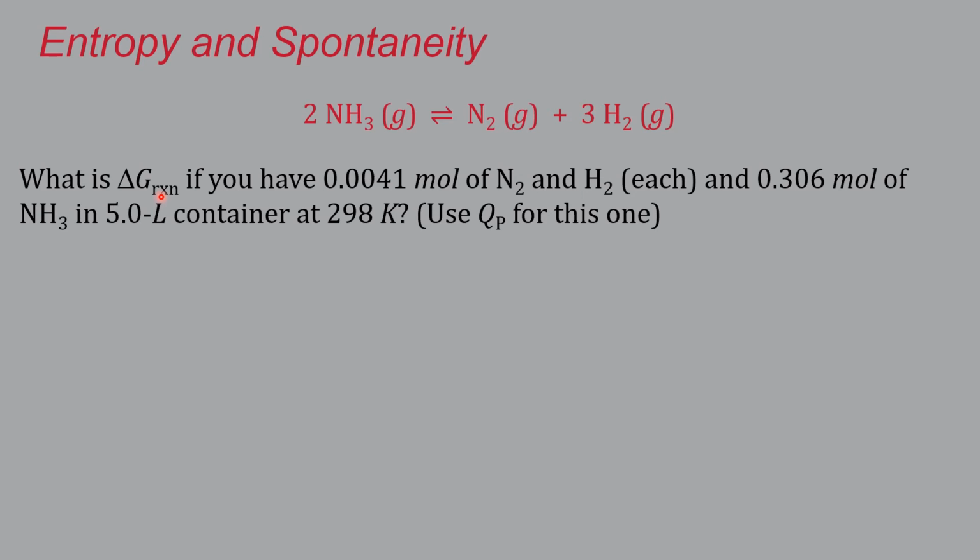So the relationship that you would want to use right away would be that the delta G under non-standard conditions would be equal to delta G under standard conditions plus the quantity RT times the natural log of Q. Problem is that to start with, you don't know this.